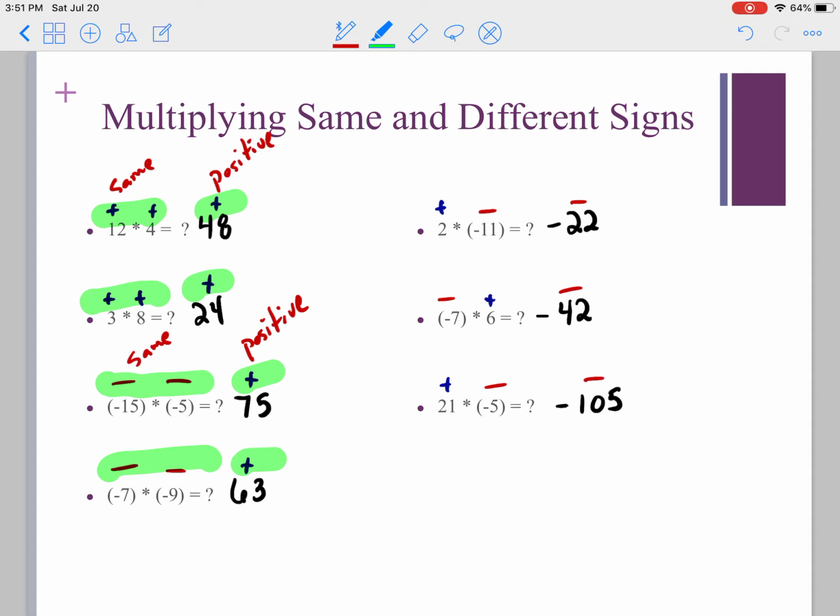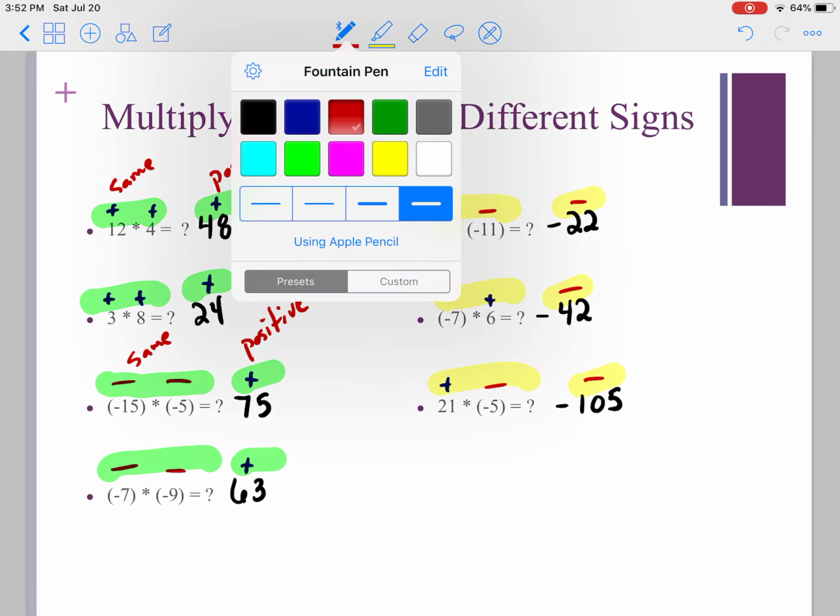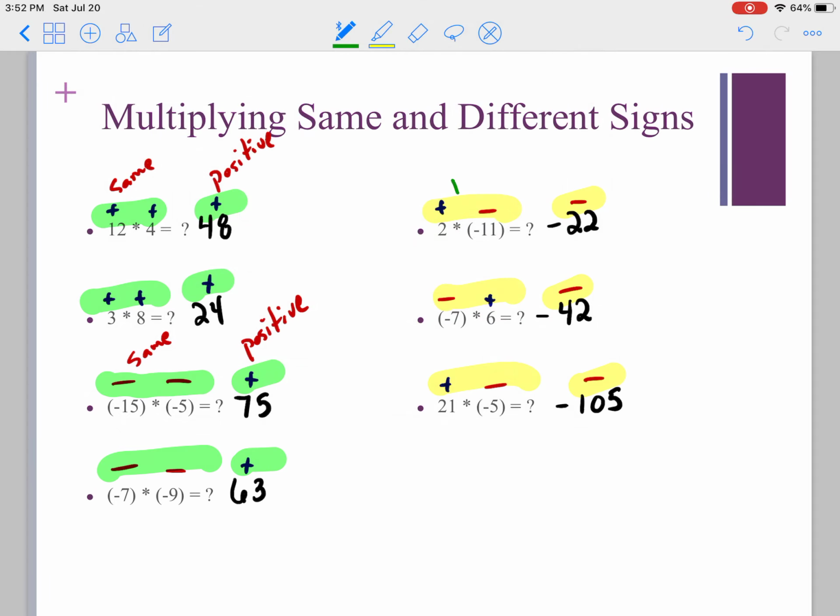Okay, let's think about when they're different. Well, these two are different, these are different, and these are different. And what did we end up with? We ended up with negative numbers. So in the case of different signs, we end up with a negative product or a negative result.